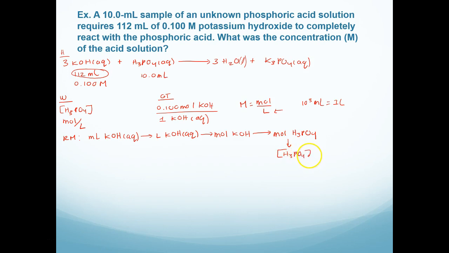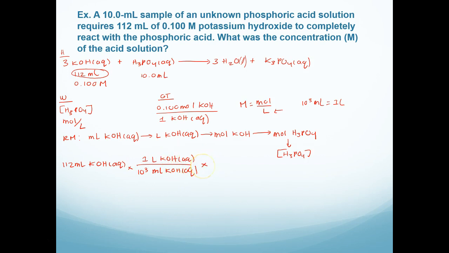So let's focus on just the moles for right now. Let's plug in what we have and follow our roadmap. We have 112 milliliters of the potassium hydroxide solution. So again, we want to label everything. We know that we have 1,000 milliliters of the potassium hydroxide solution for every 1 liter of it.